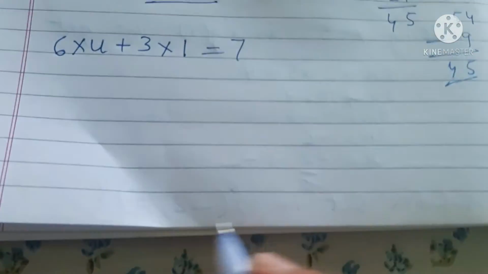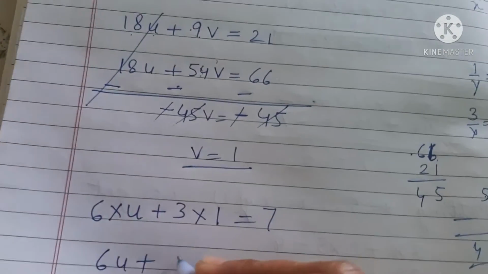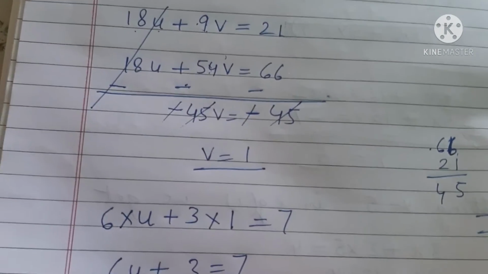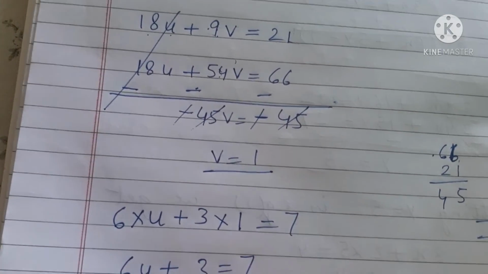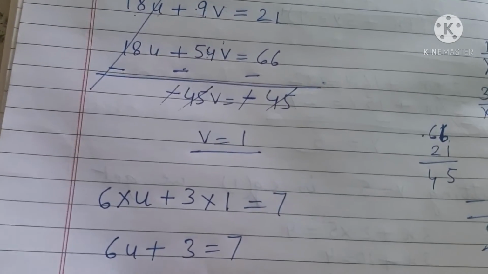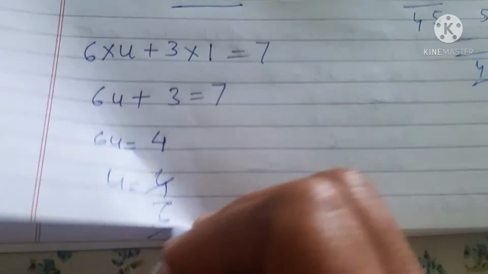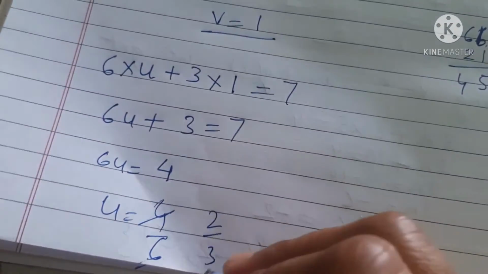Now 6 into u is 6u plus 3 is equal to 7. So 6u is equal to 7 minus 3, which is 4. Now u is equal to 4 upon 6. So 2 2s are 4, 2 3s are 6, so u is equal to 2 by 3.